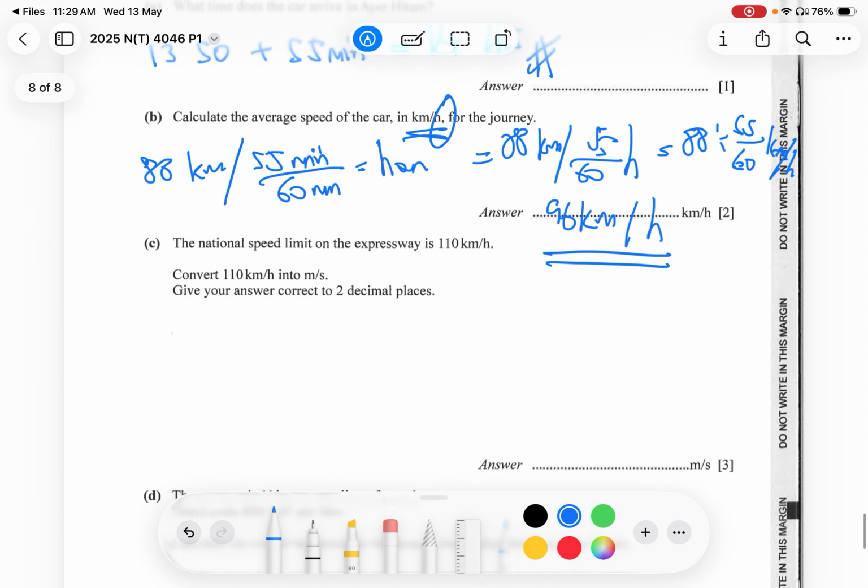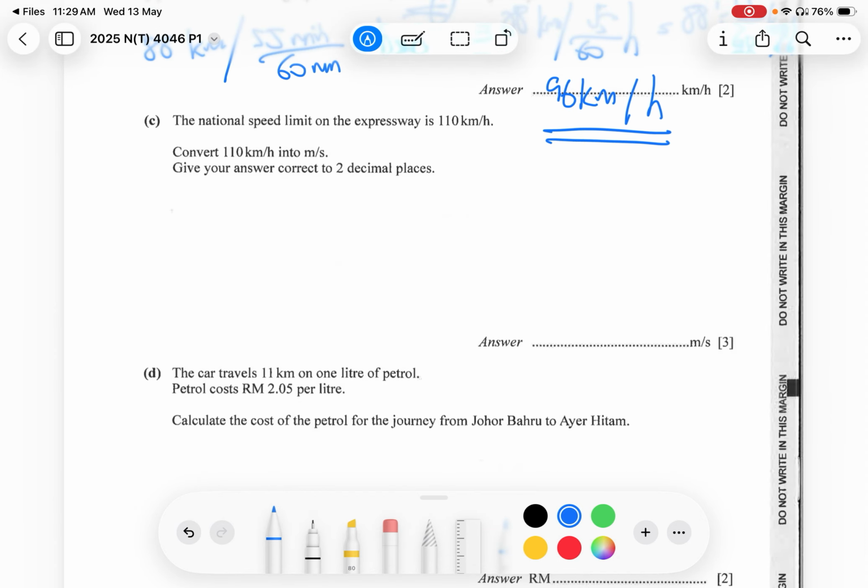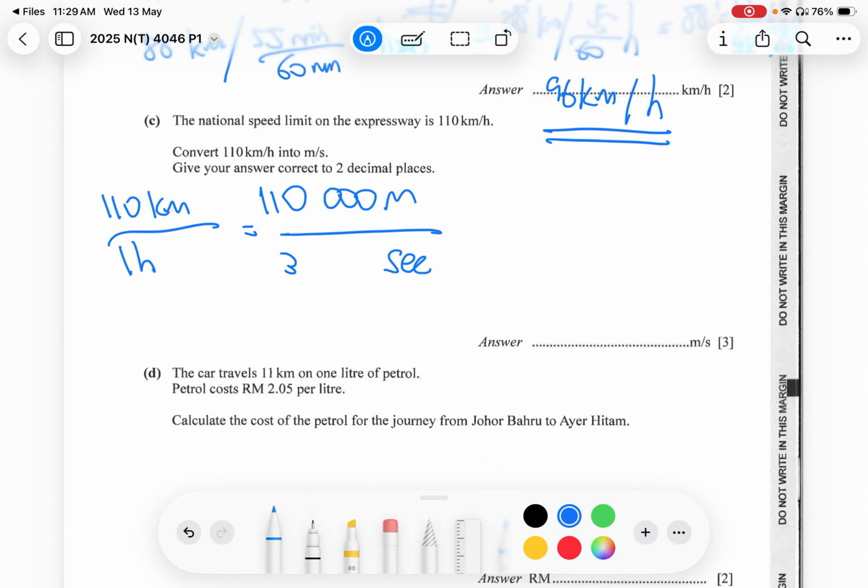Okay, for this C. The national speed limit is 110. Calculate 110 into meter per second. So I change like this. 110 km per 1 hour. 110 km is 110,000 meter. 1 hour to second is 3600.